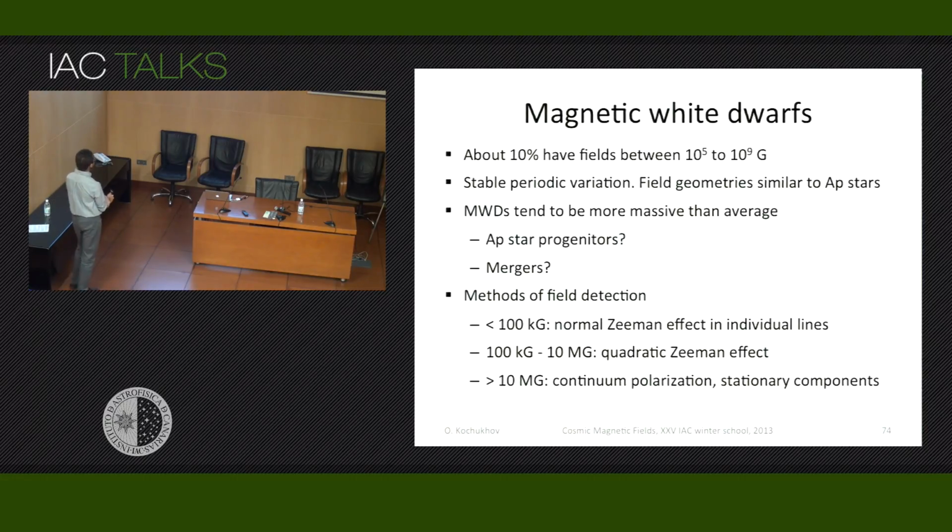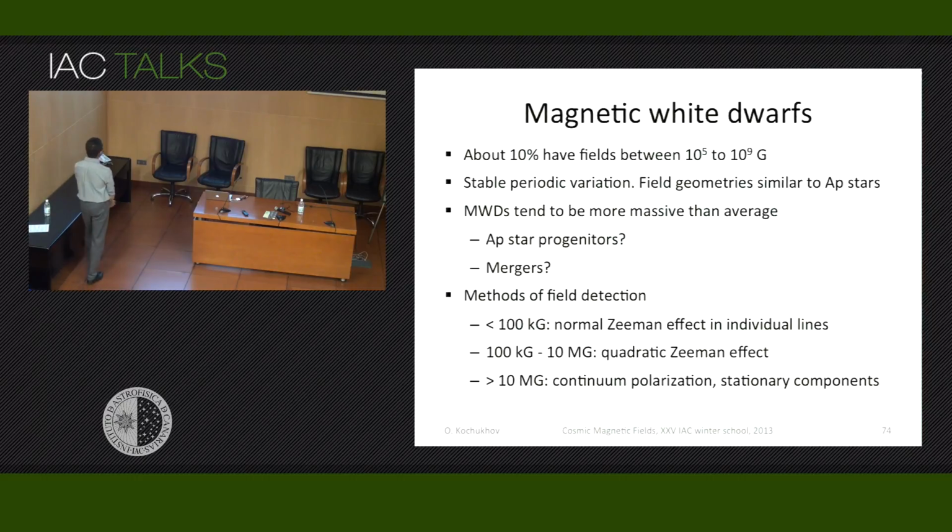So this number actually roughly matches the few kilogauss field of Ap stars. Where the weak field magnetic white dwarfs come from is not clear. Maybe it's telling us that A stars also have fields at this 1 Gauss level that is seen in Vega. Another possibility is that the magnetic field is generated by merger events.